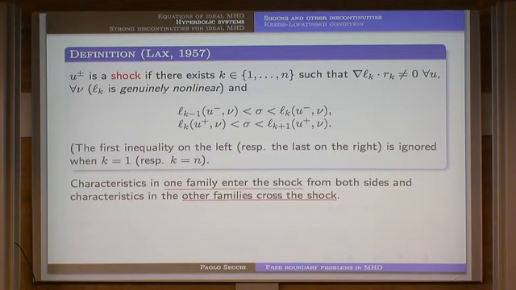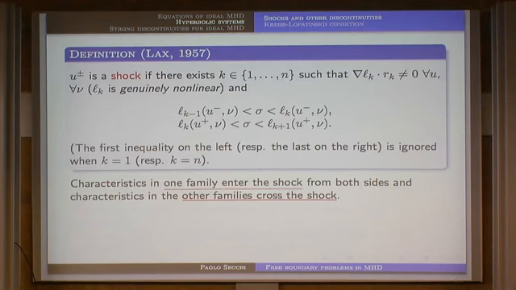If we take the same state u minus, it is between L_{k-1} and L_k, or between L_k(u plus) and L_{k+1}(u plus). It is in between, so it never coincides with one of those. And also, if we consider L_k, sigma is between the two values obtained by the eigenvalue of the same family. And we say that the characteristics in one family enter the shock from both sides.